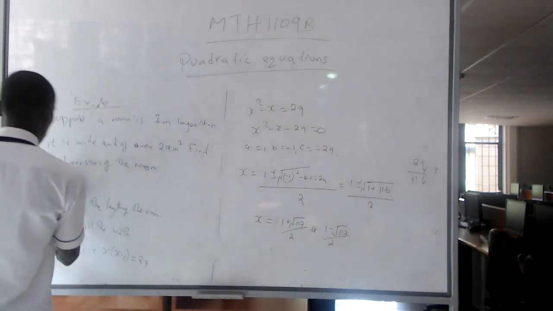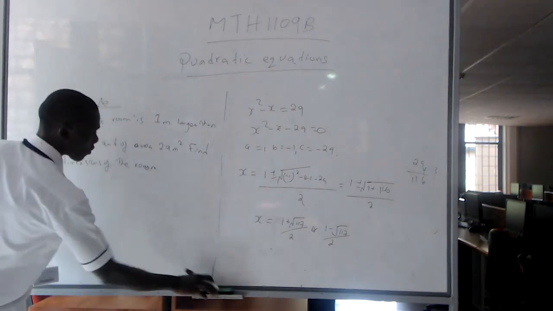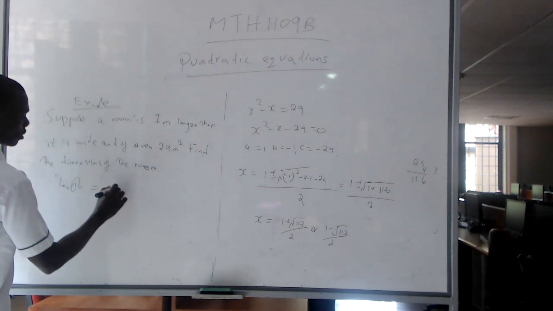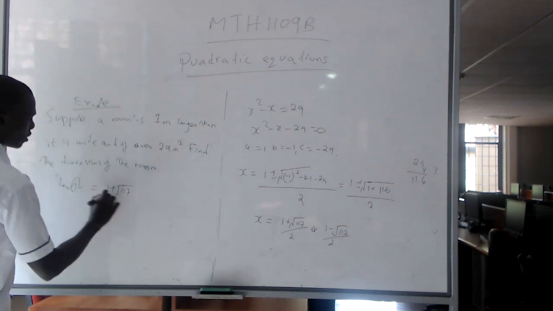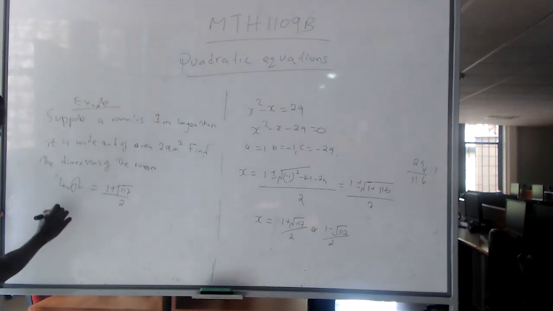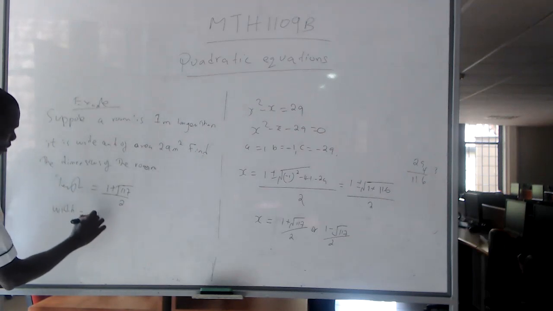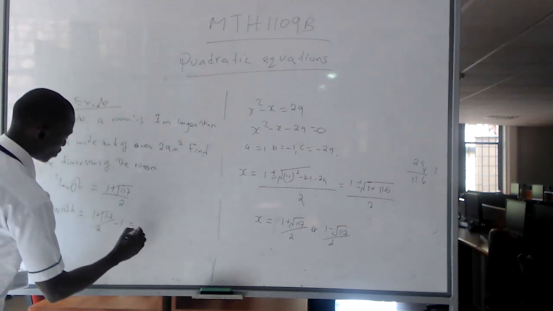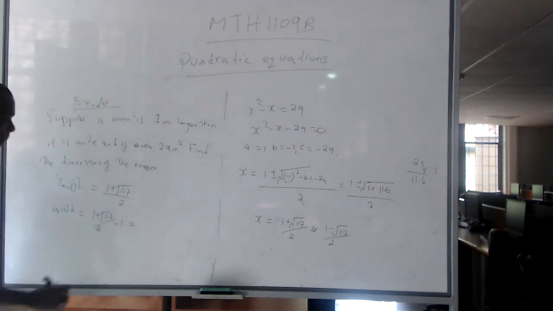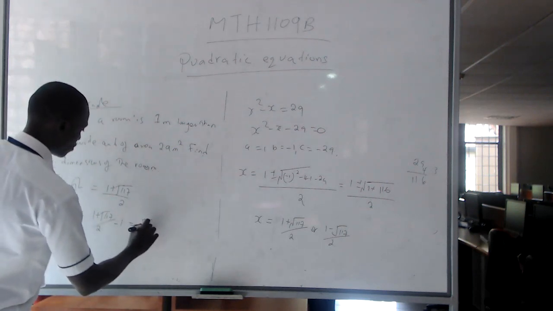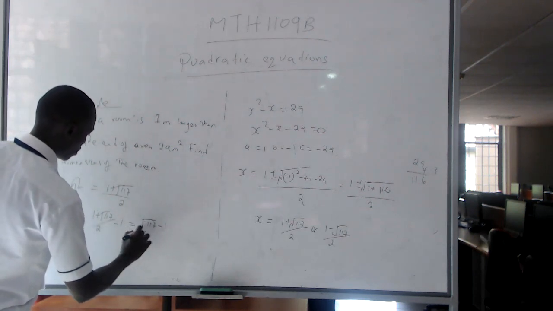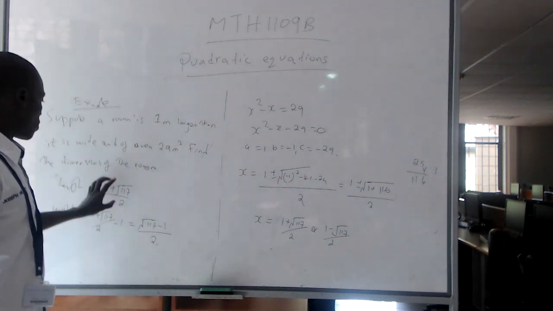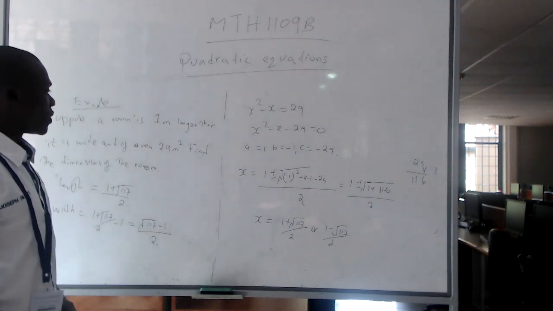So in other words, the length is going to be 1 plus root 117 divided by 2, and the width is going to be 1 plus root 117 divided by 2 minus 1, which is simply root 117 minus 1 divided by 2. So these should be the dimensions. This is the length, this is the width.